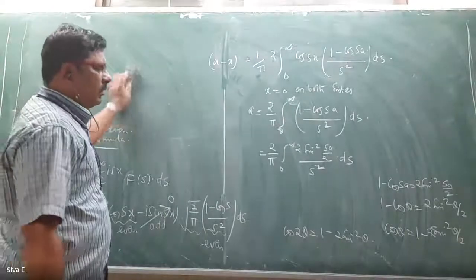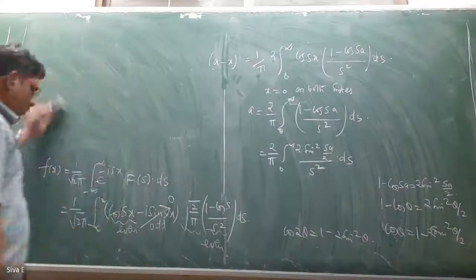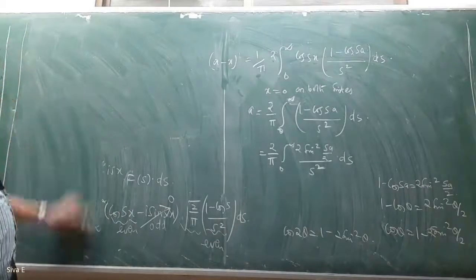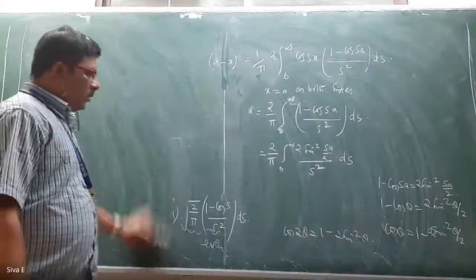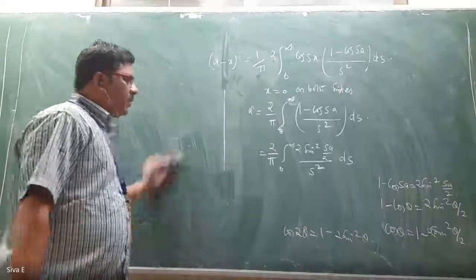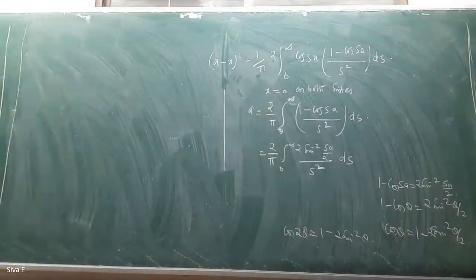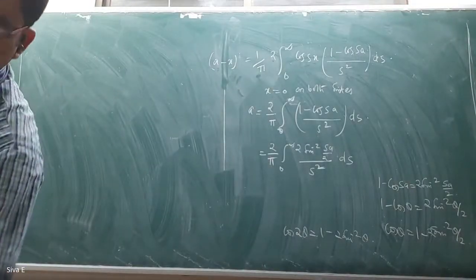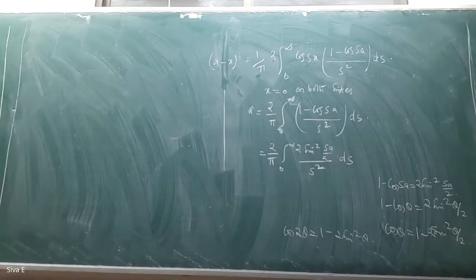Now substitute sa by 2 is t, because we need that sin t by t whole square.